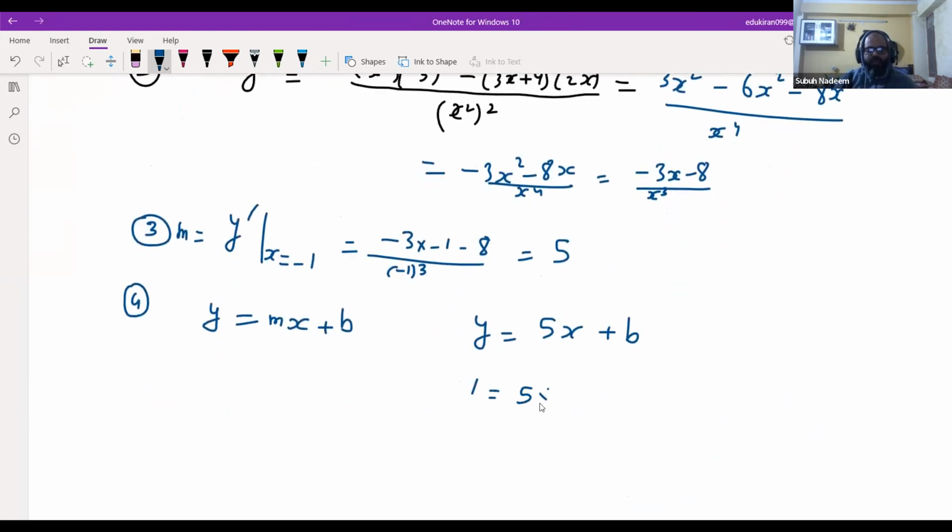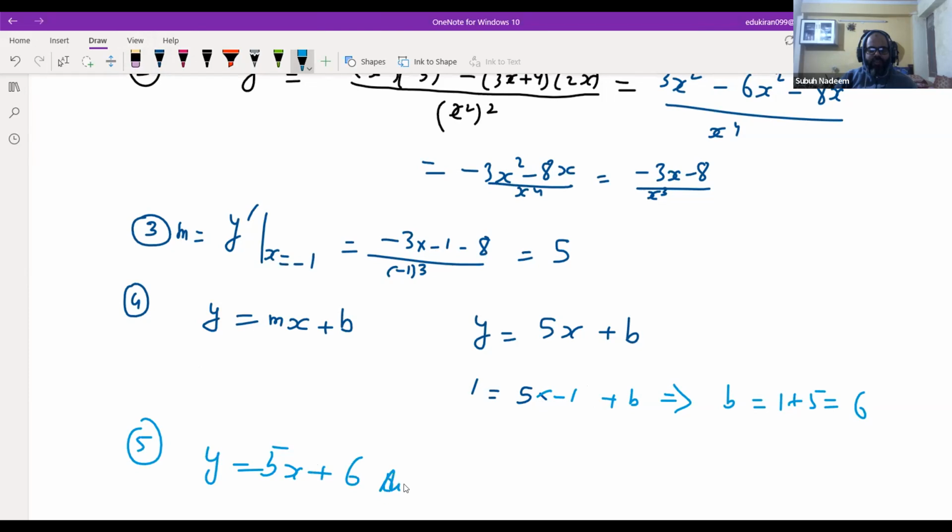So 1 equals 5 into minus 1 plus b. So b is equal to 1 plus 5, which is 6. So the equation will finally be y equal to 5x plus 6. This will be your answer.